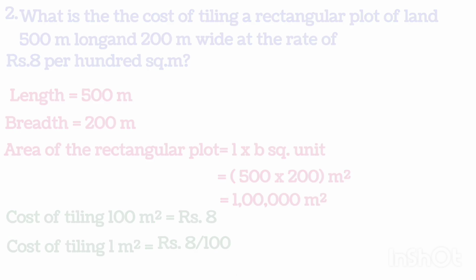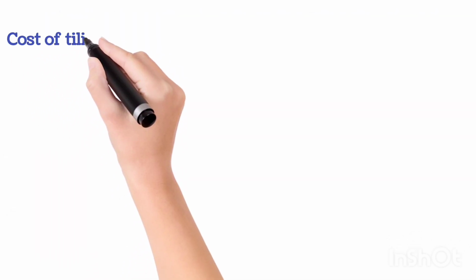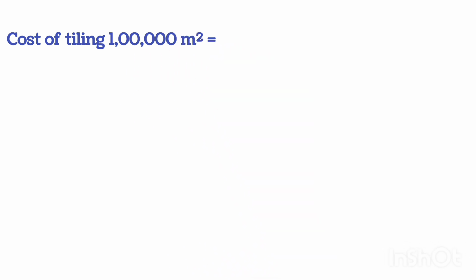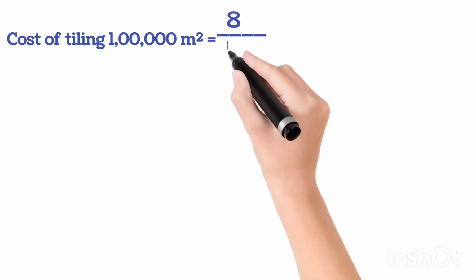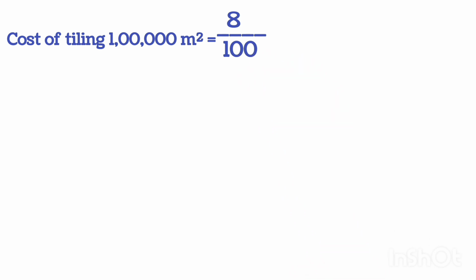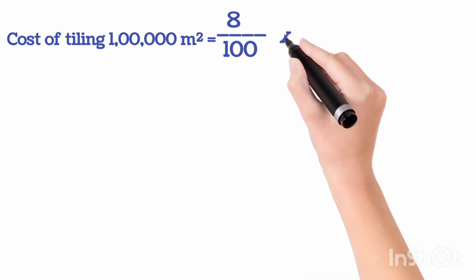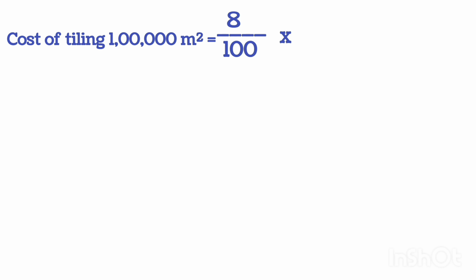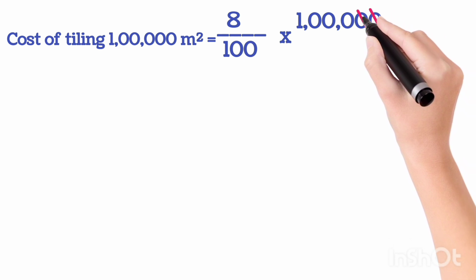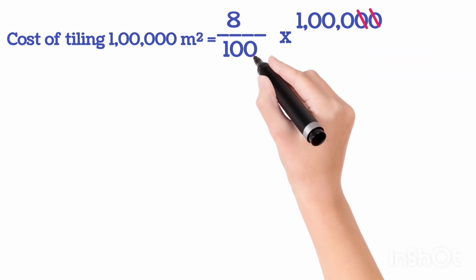Definitely it is less. So next we will find out the cost of tiling 1 lakh meter square. Definitely it will be more than the cost of 1 meter square. Cost of 1 meter square is what? 8 by 100. In 1 lakh meter square the cost is definitely more. So we will multiply by 1 lakh. Now you just cancel these two zeros with two zeros of this 100.